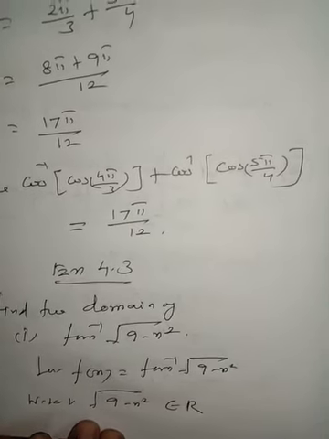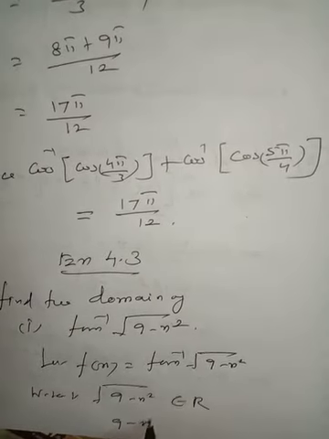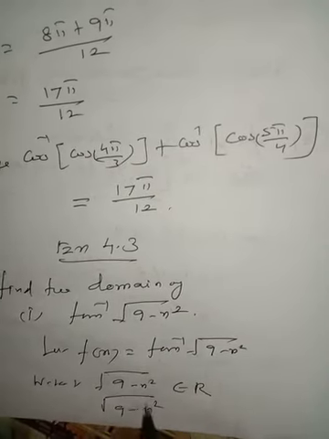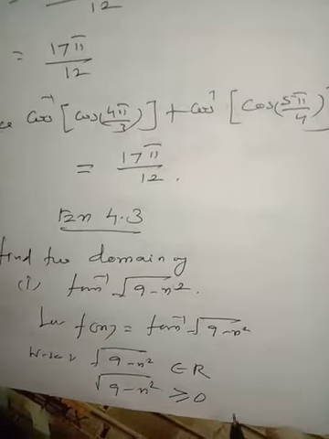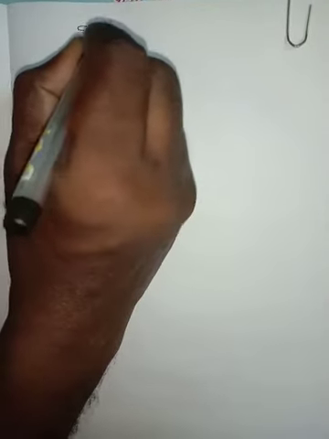This means 9 minus x square, square root of it, is greater than or equal to 0. Squaring on both sides, we get 9 minus x square is greater than or equal to 0.